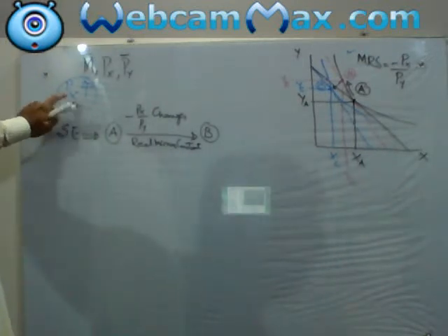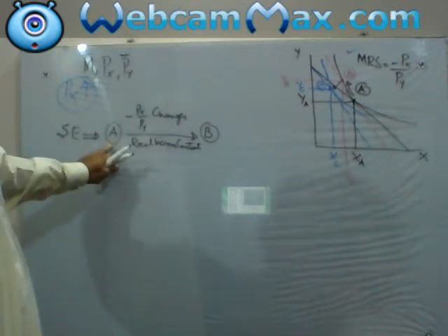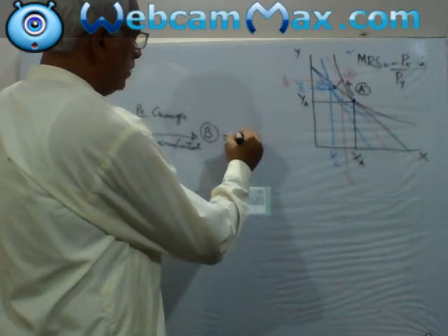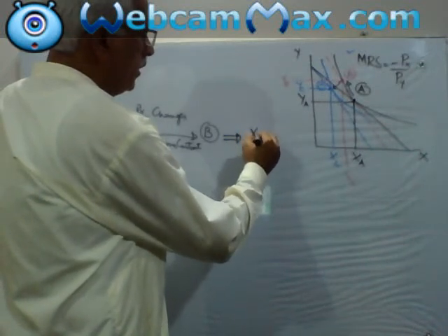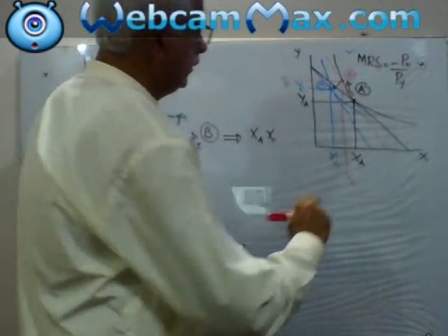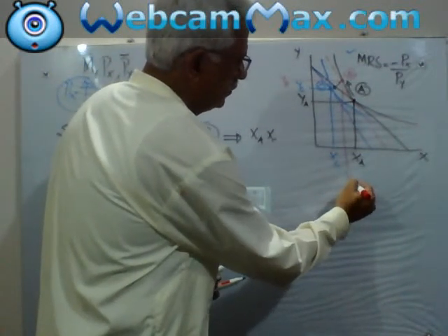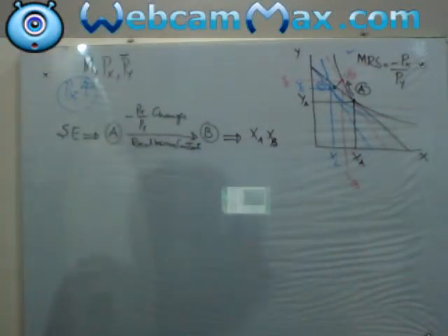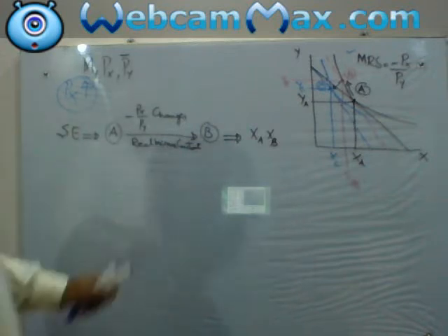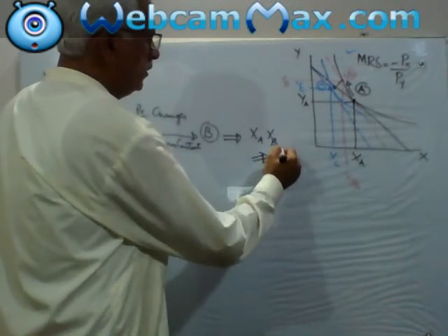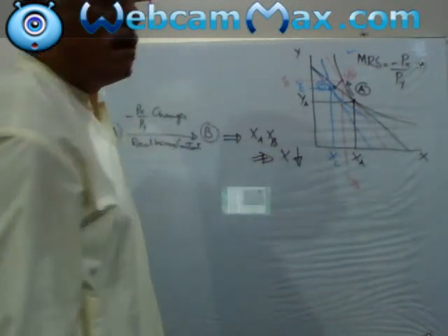So with the increase in the price of X, the substitution effect tells you that the consumer moves from XA to XB. In this case, the X reduces.